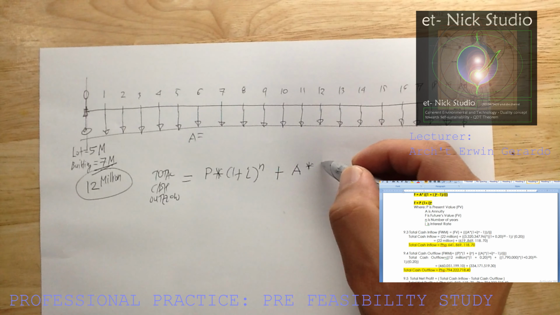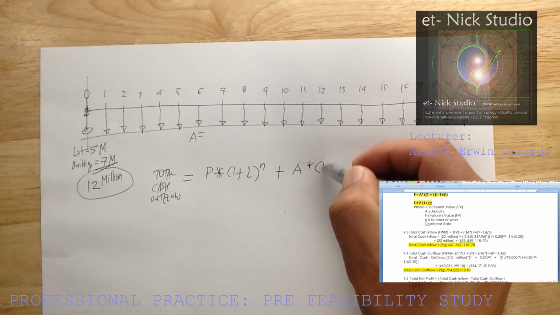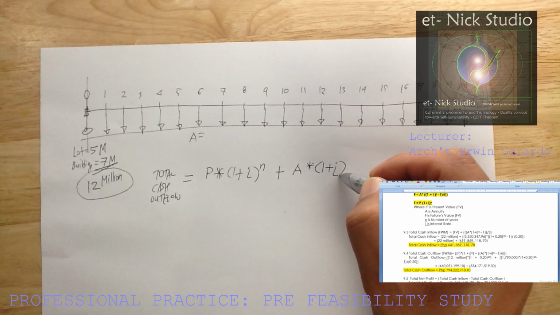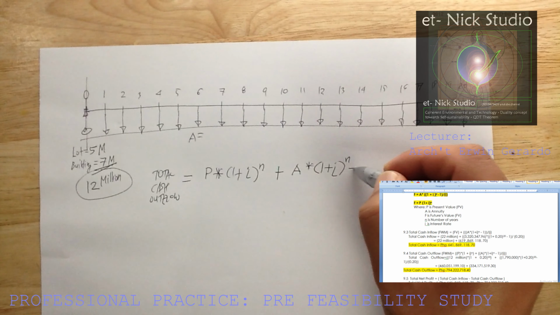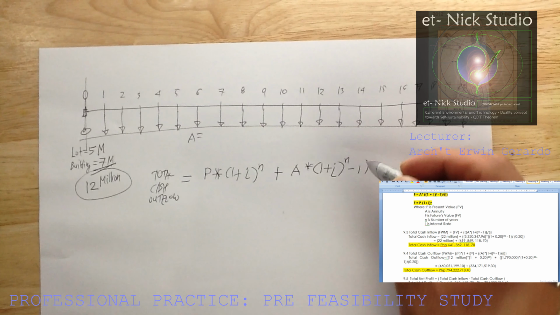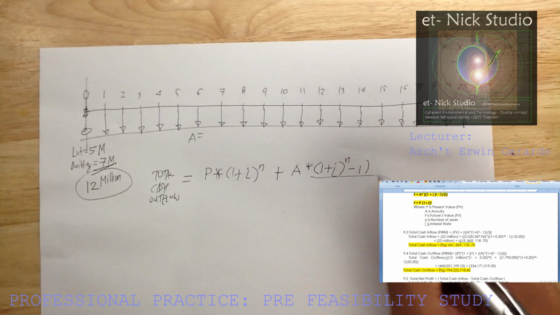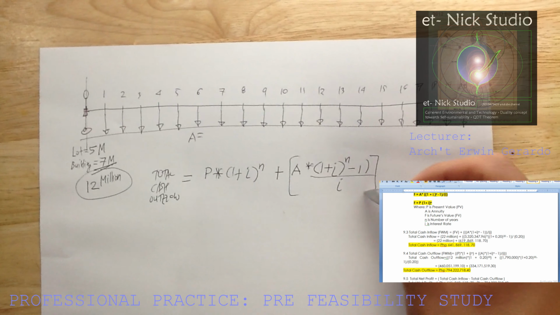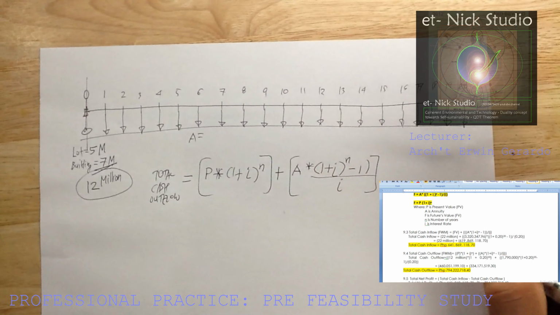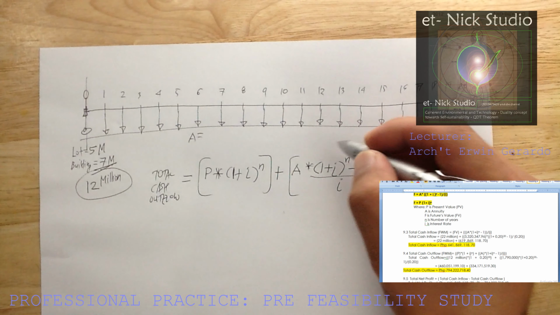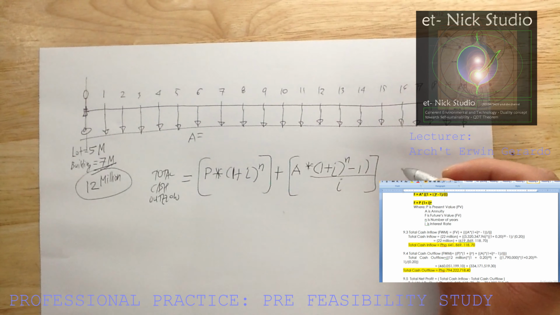So the annuity is constant all throughout from the beginning of the period till it reaches the 20th year. Then you need to divide this by the interest. So we have two working equations for this type of problem based on the diagram.